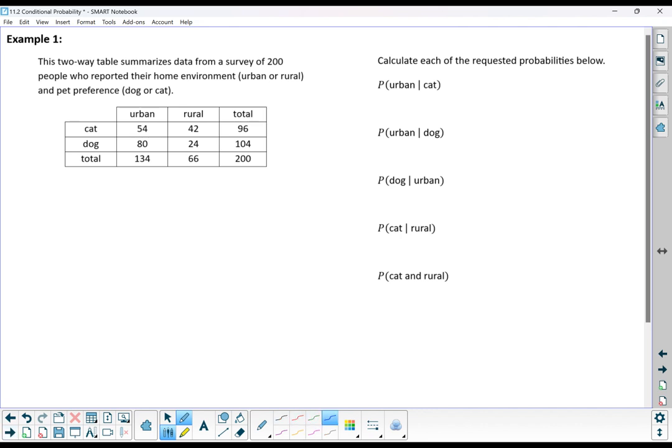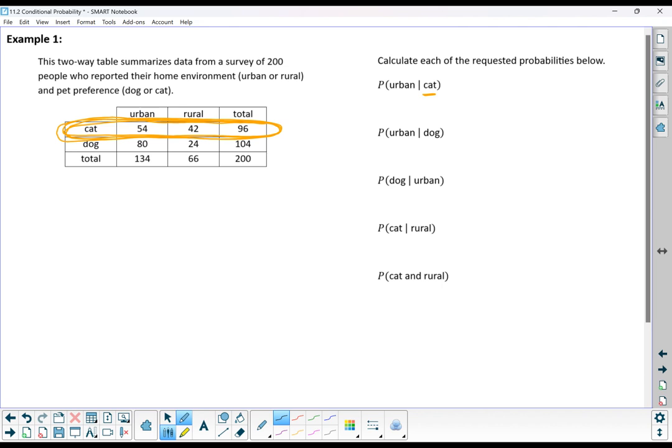The first one is the probability that they live in an urban environment given that they prefer cats. So again, the given condition comes second. So we know that these people prefer cats. So we're only thinking about this cat category, and we want to know the probability within that category.